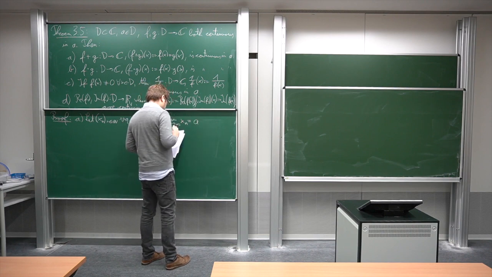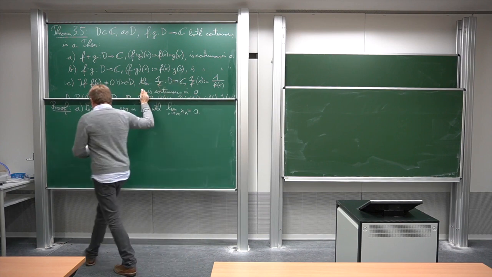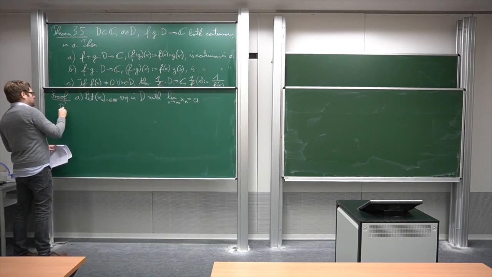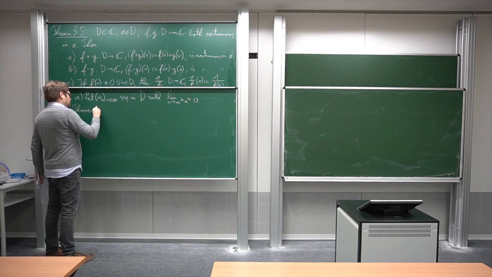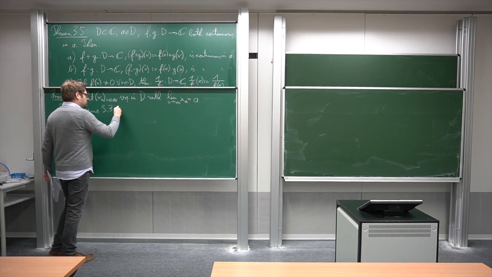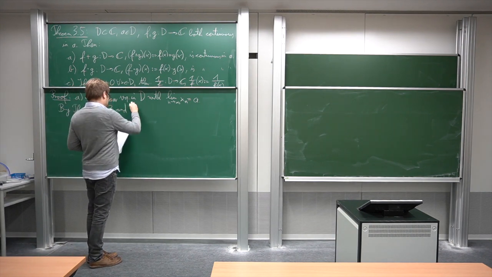So we take a sequence which converges to A. Then by the theorem I had before, by the sequential continuity, theorem 3.3, and what we now need is that limits behave well with respect to sums. This is what we've seen quite a while ago.